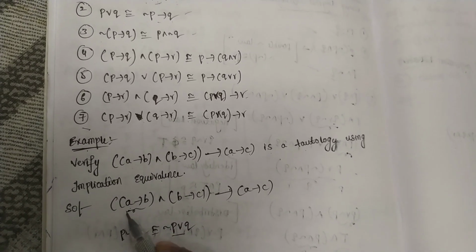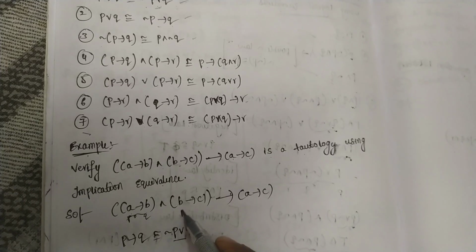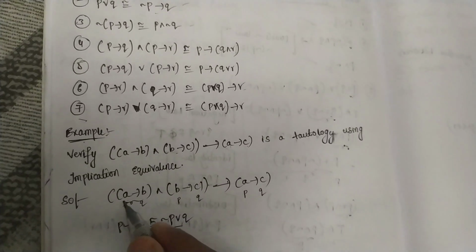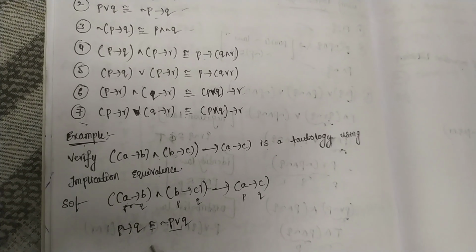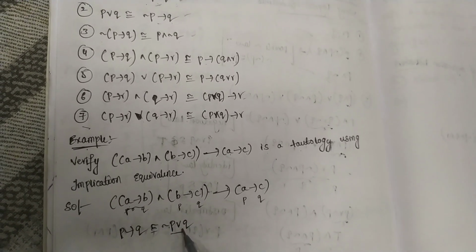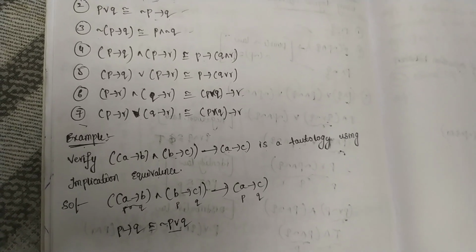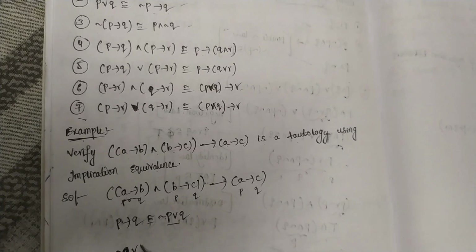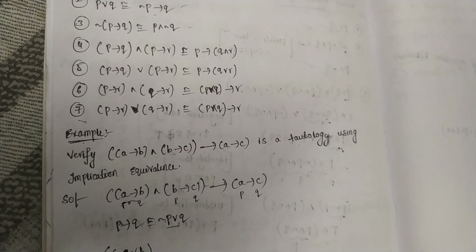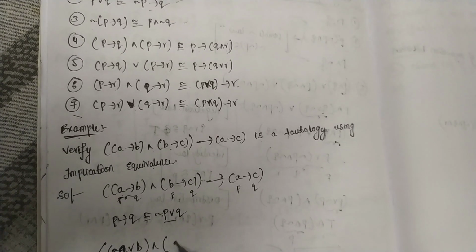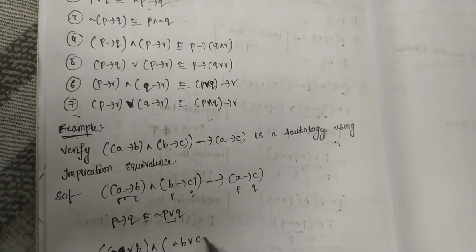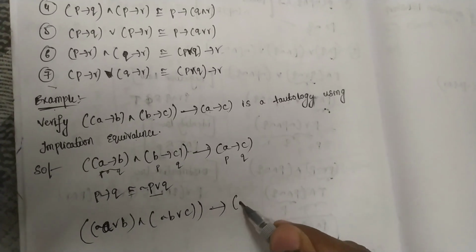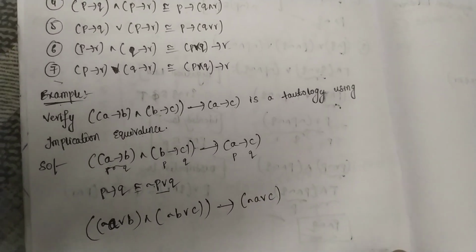P means A, Q means B, so negation A or B, and negation B or C, implies negation A or C.